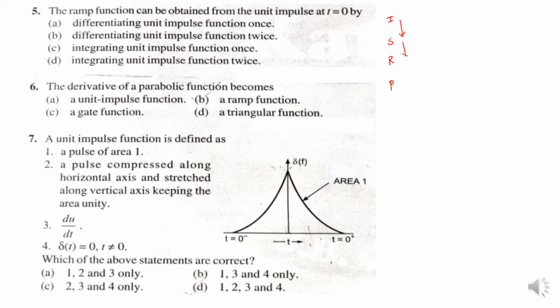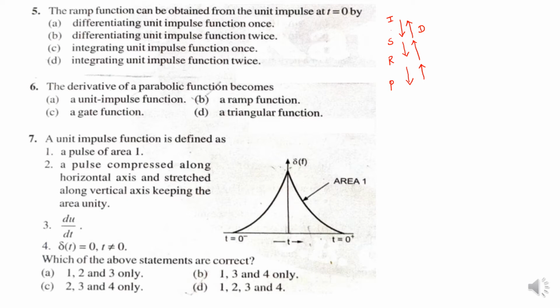Integrate once again, we get the ramp function. Again one time, we get the parabolic. So parabolic is differentiated to get ramp, ramp is differentiated to get step, and step is differentiated, we get the impulse function. So this is differentiation and this one is integration.